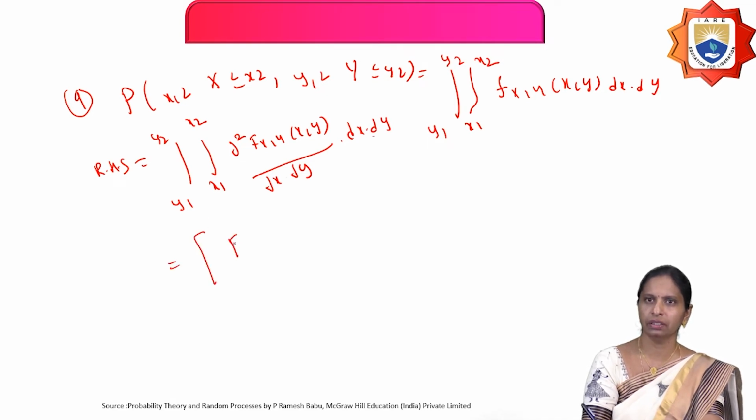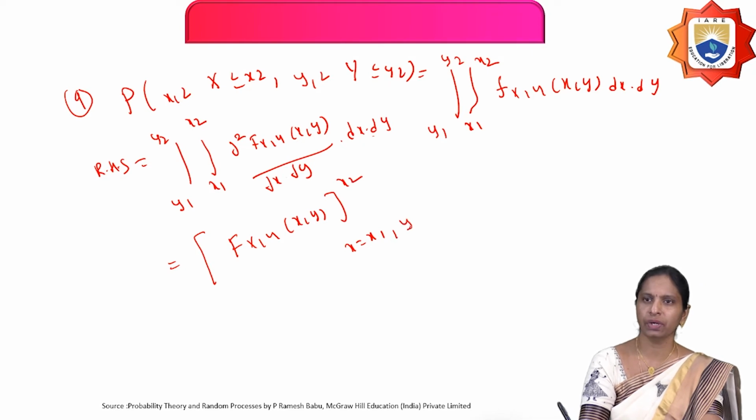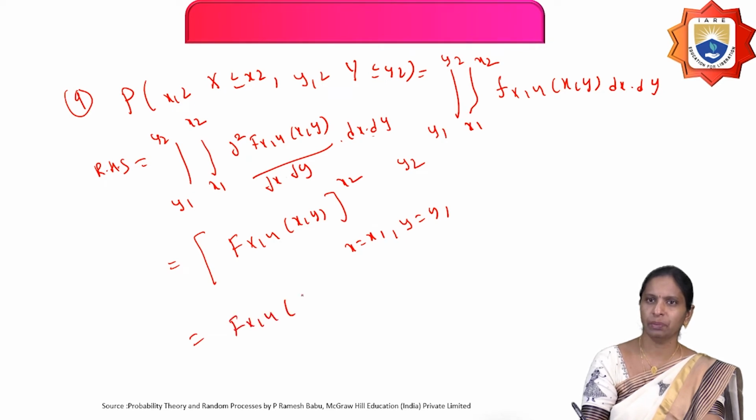You can write it as fxy of x comma y, with the limits of x from x1 to x2 and the limits of y from y1 to y2. That equals what? Substitute the x limits first. The upper limit of x is x2, so x2 comma y, minus fxy of, and the lower limit of x is what?